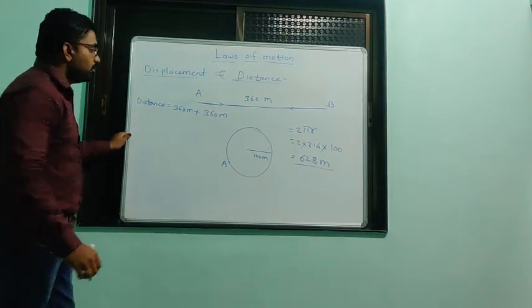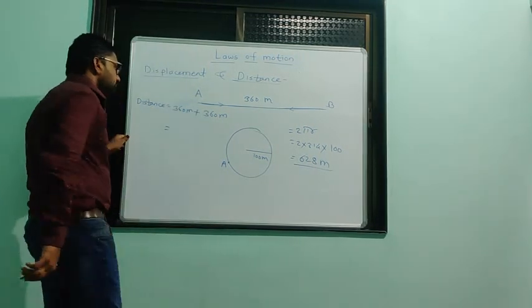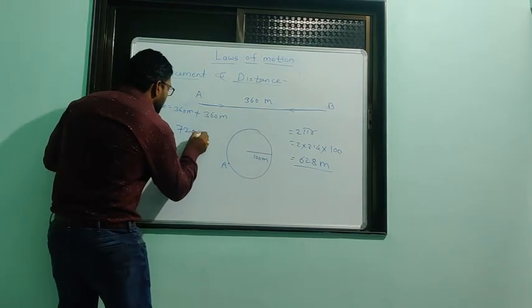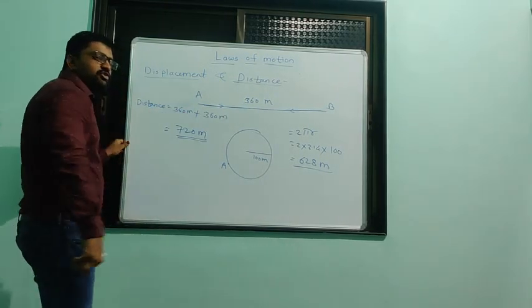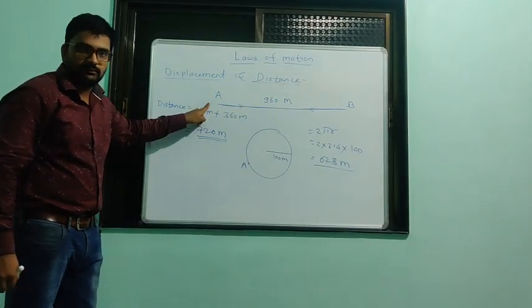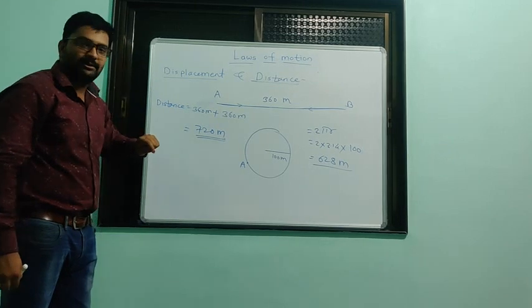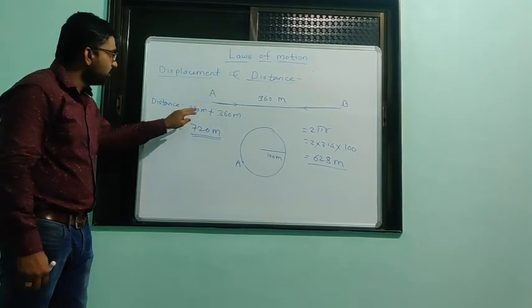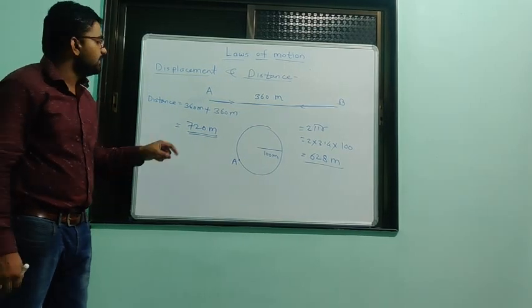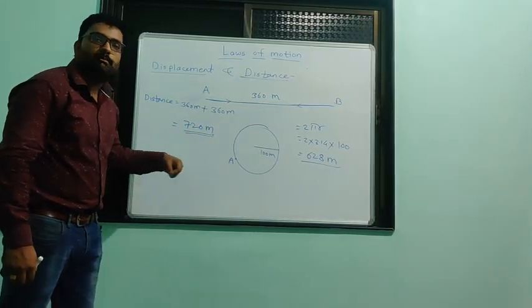So it will be 720 meters. That is the actual distance covered by this car on this track. So distance is the total actual path covered by that object, that is 720 meters.